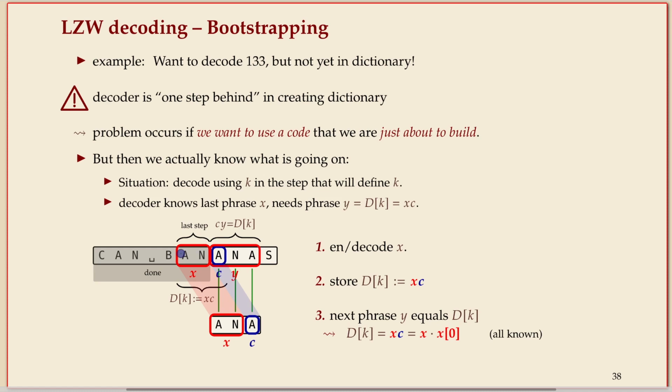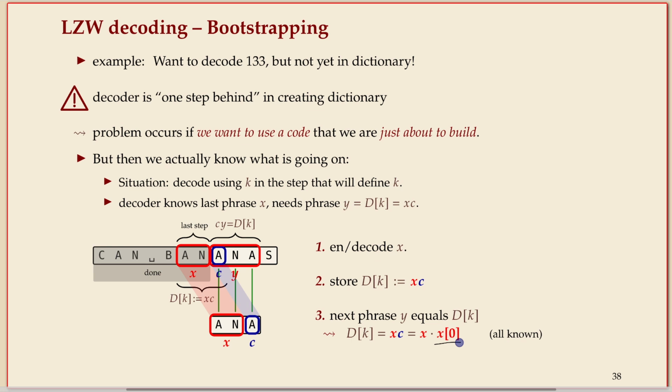But if that happens, we know that this AN is the same as this AN, and this A here is the same as this A here. So we actually know a lot more about this specific string. And in particular, we know that this C must be the first character of the previous phrase in this case.